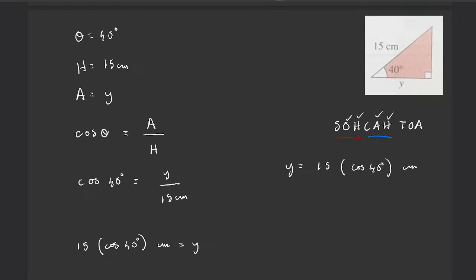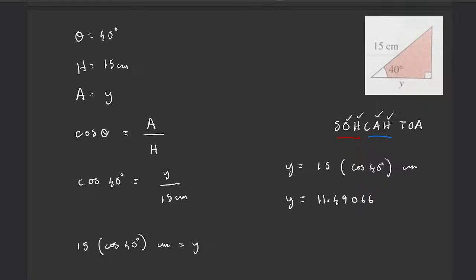So I go into my scientific calculator, I do 15 times cos 40 degrees, and I get y is equal to 11.49066 cm.